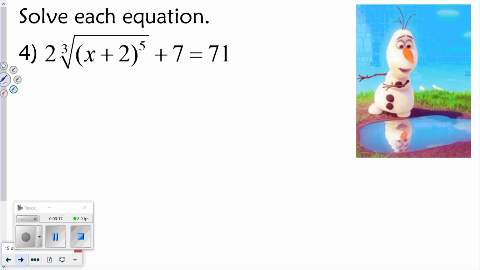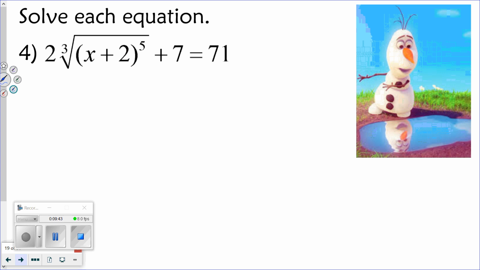All right, so number 4. You have 2 options here. That's what I would do. We can rewrite this so that it has a fraction for an exponent, and then I can get rid of both parts at the same time, just by doing the reciprocal. Or you could go ahead and isolate this.